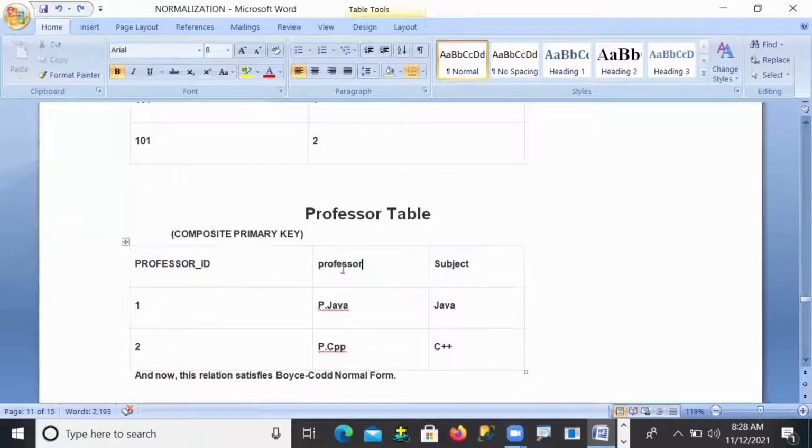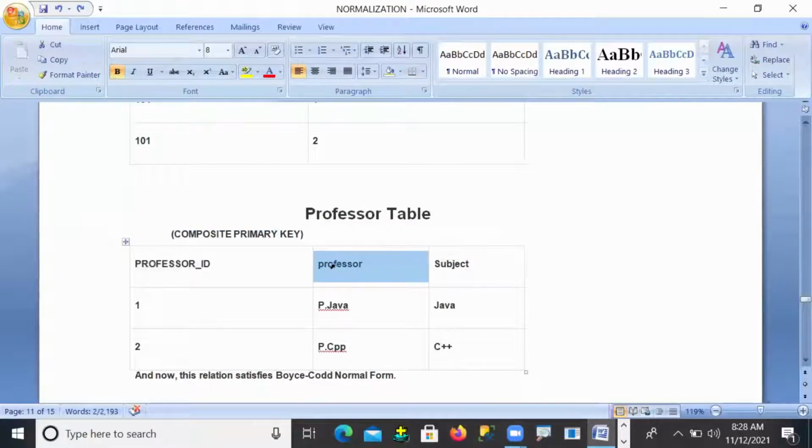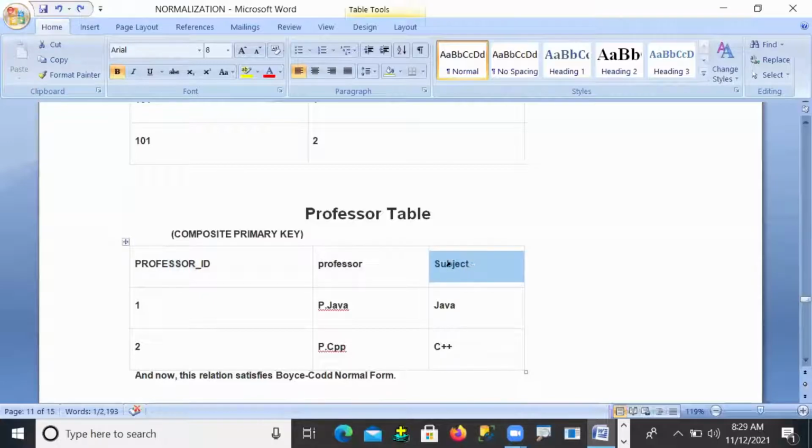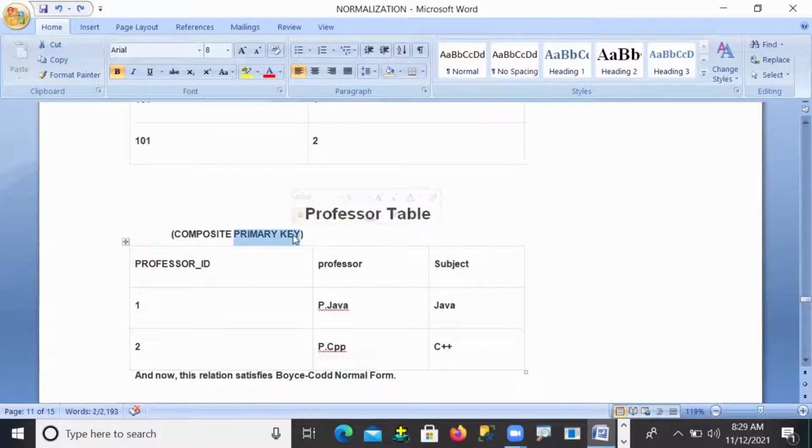Now we can see professor ID and professor are composite primary keys, so this is also a primary key. But subject is not a primary key. So now professor depends on subject, and professor is a primary key now. Yes or no, guys?